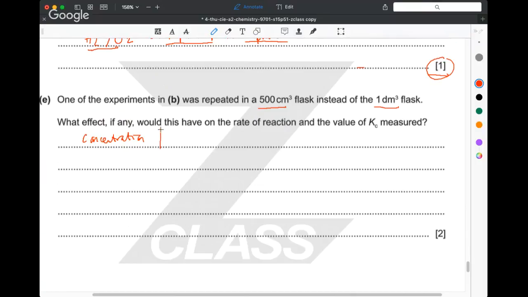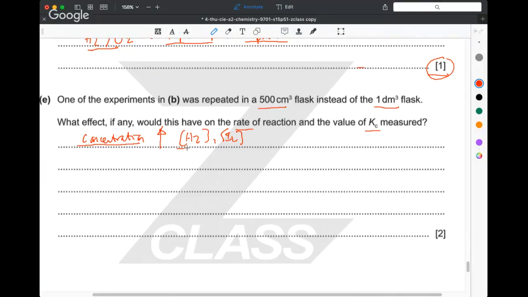It's increased, isn't it? You're putting the same amount in a smaller volume. The concentration of hydrogen and the concentration of iodine have all increased. Now, what effect does increasing the concentration have on the rate? And what effect does the concentration have on the value of Kc?